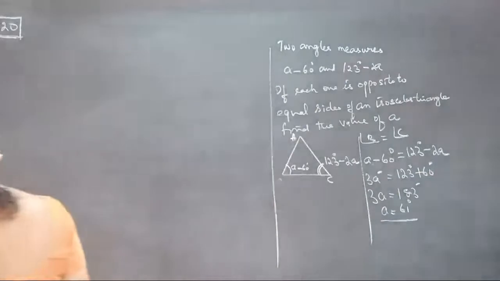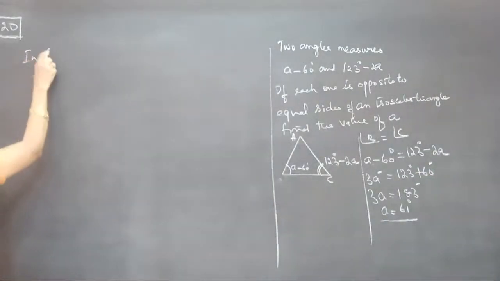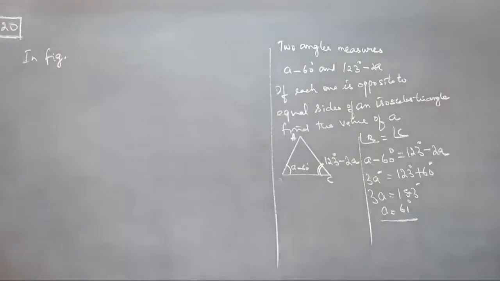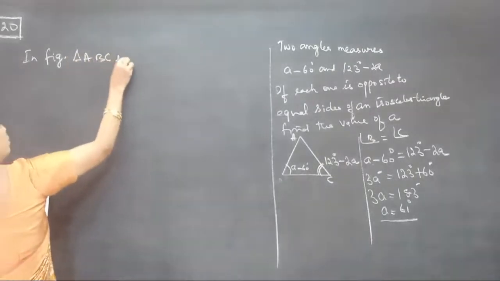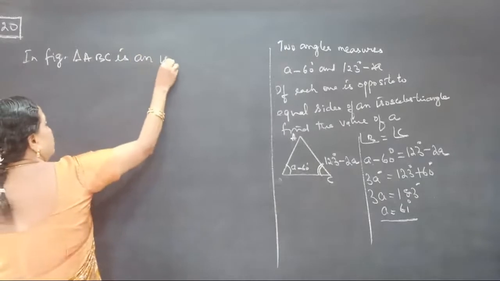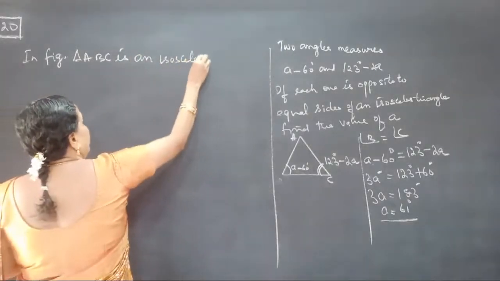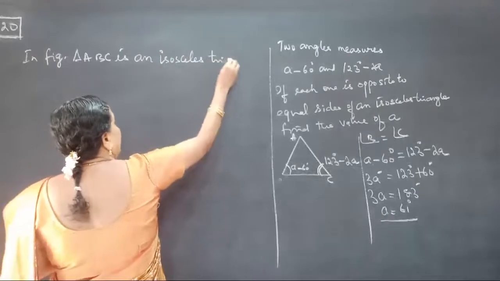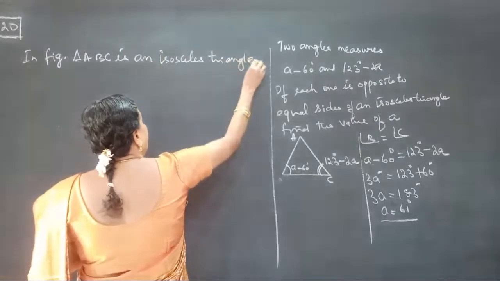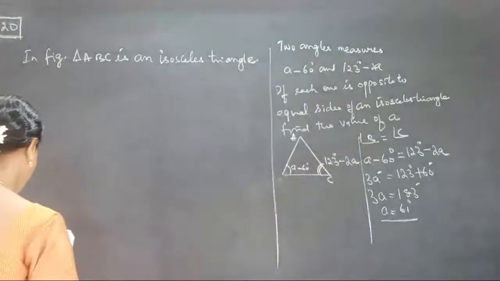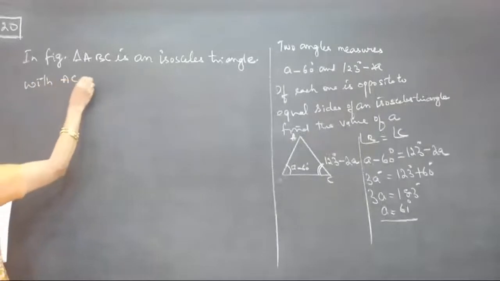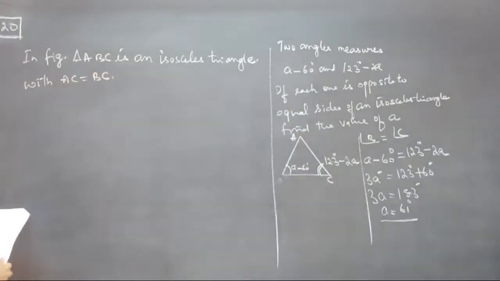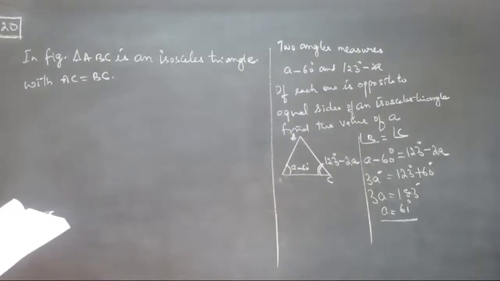Next question. In the figure, triangle ABC is an isosceles triangle with AC equals BC.